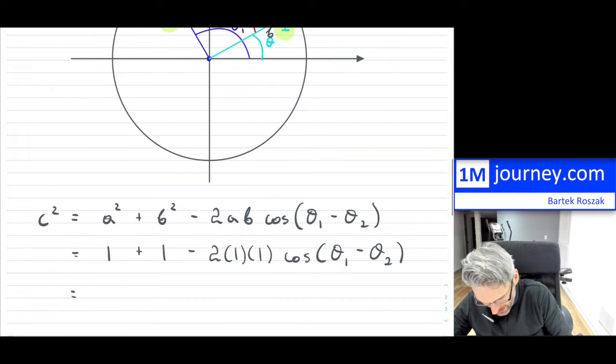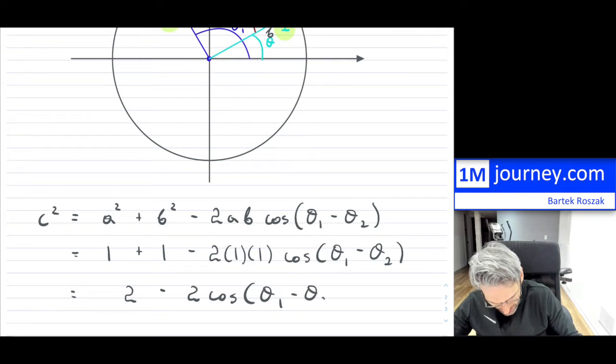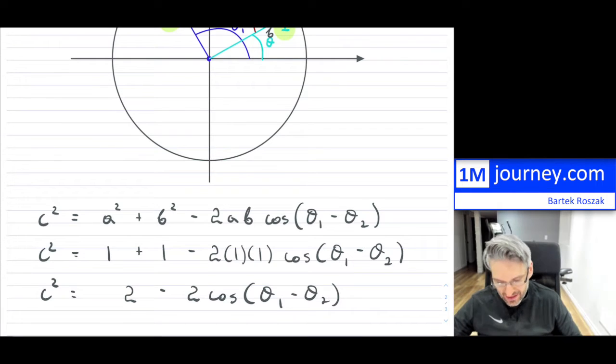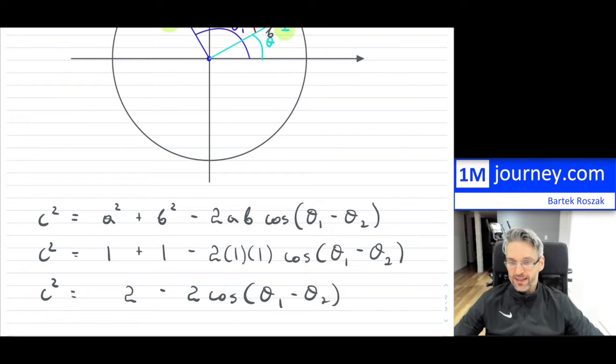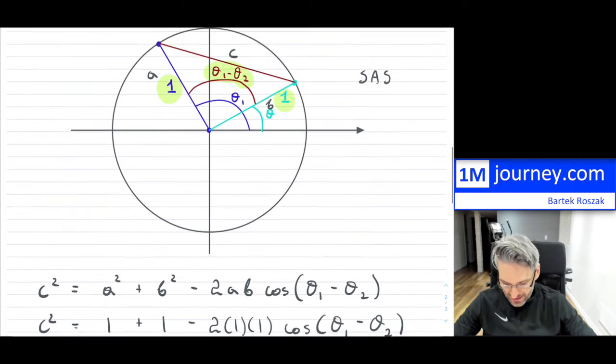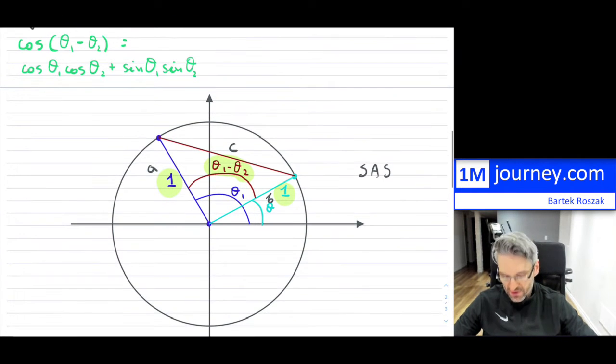So if I simplify this, it's going to be 2 minus 2 cosine of theta 1 minus theta 2, and that is all equal to C squared. Okay, so the length of that unknown side. So that's the first thing that I'm going to do in my derivation and proving of this compound angle formula.